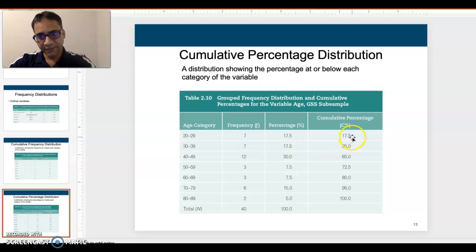So 17.5 and 17.5 is 35. In 35 we add 30, it becomes 65. In 65 we add 7.5, it becomes 72.5. Similarly it keeps on adding, and then at the end it becomes 100.